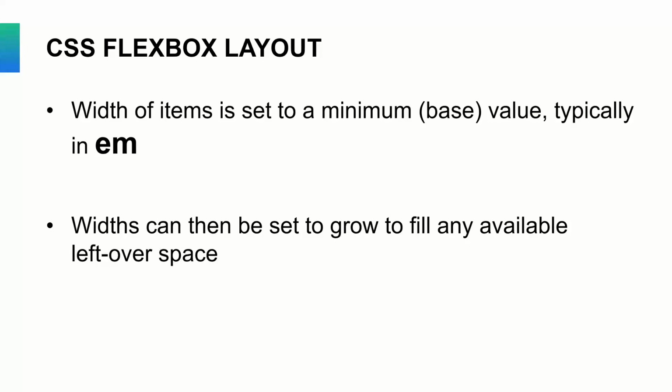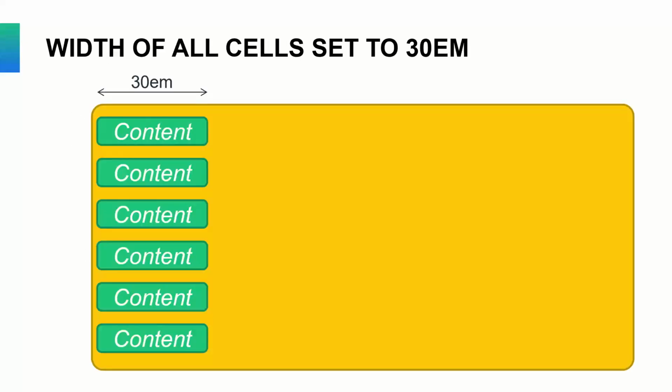That sounds about right. And so we set that base width, and then the tiles sort of arrange themselves using that base width. And then if there's any space left over, we can set them to grow automatically to fill the leftover space. So the way it works is this. Here's my container. Here are my divs.